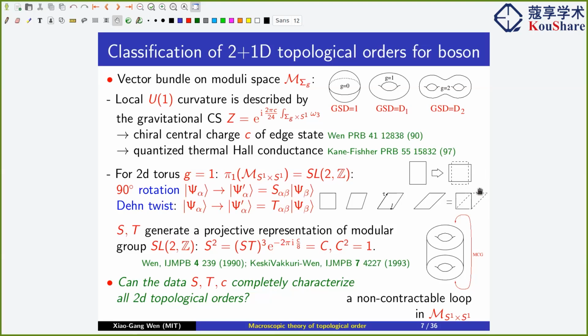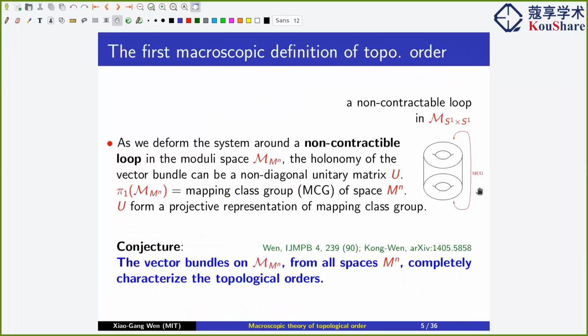So this is an example of a non-trivial map. This non-trivial map from the space to itself is called the mapping class group. So they form a group. So this is the point: the non-contractible loop in the moduli space is given by the mapping class group of a space. So this pi1, the non-contractible loops, is the mapping class group.